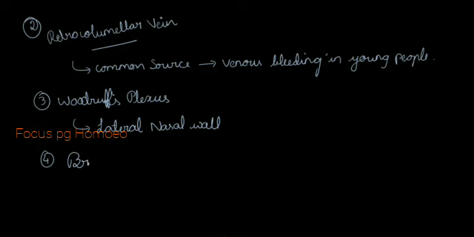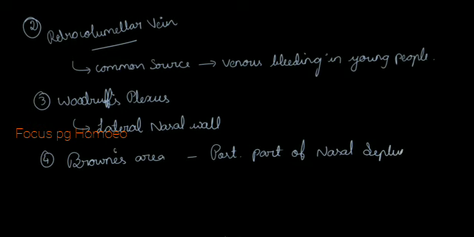Then comes, at last, Brown's area. In case of Brown's area, what we should know is that it is located in the posterior part of the nasal septum, and it is the common cause of posterior epistaxis.